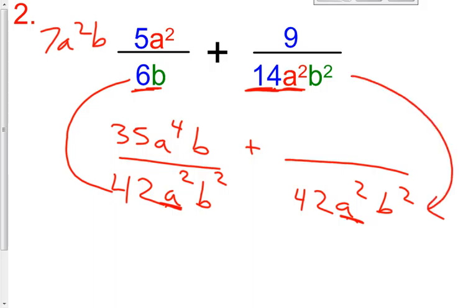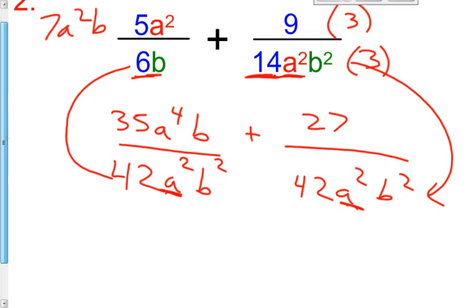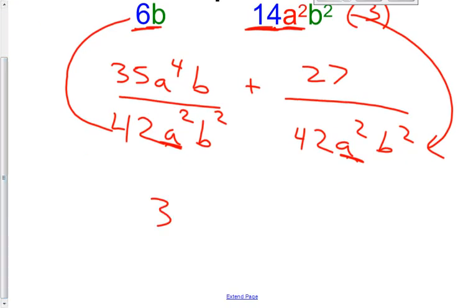We had to multiply it by just the number 3. So if we multiply the bottom by 3, we've got to multiply the top by 3. And we get 27. So our answer is 35a to the fourth b plus 27.